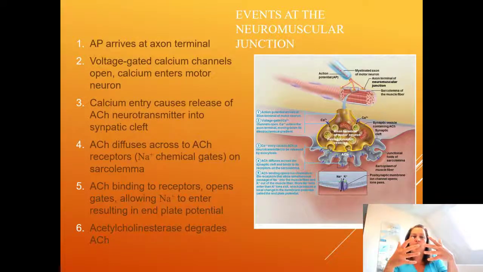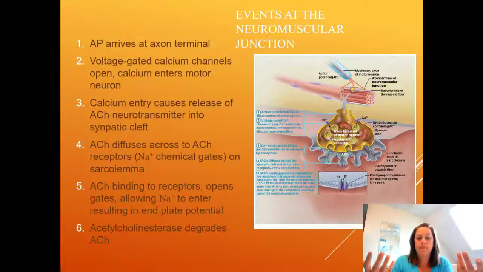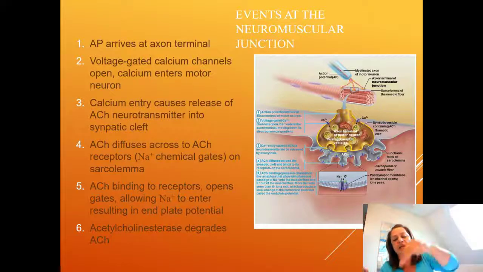Calcium enters the neuron. Calcium causes those acetylcholine vesicles to release acetylcholine. Acetylcholine binds to the channel receptors, opening them up, right? Sodium chemical gates. Sodium is going to enter the muscle cell, resulting in what's called an end plate potential.